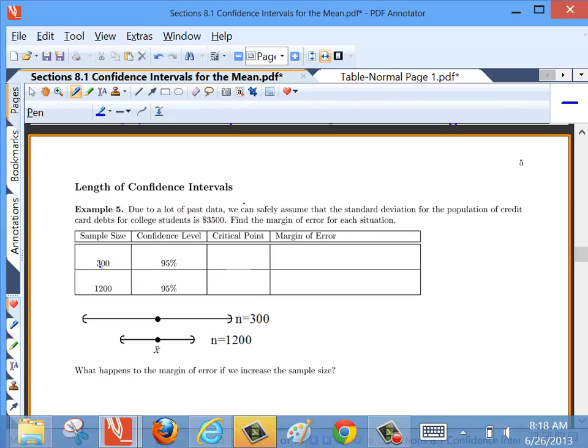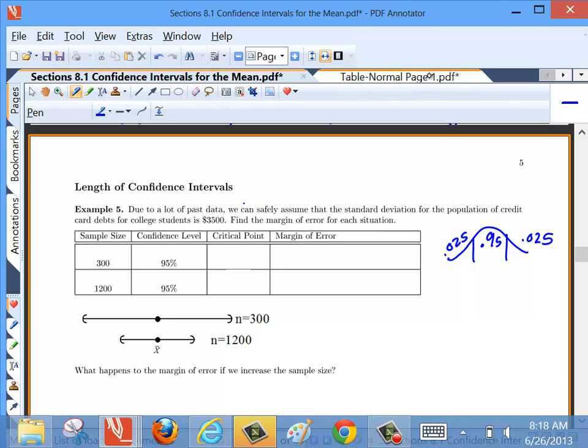Let's say we have a sample size of 300 and we want to find a 95% confidence interval. First of all, I need a critical point. A 95% confidence interval means I need 0.95 in the middle, so that's 0.025 in each tail.